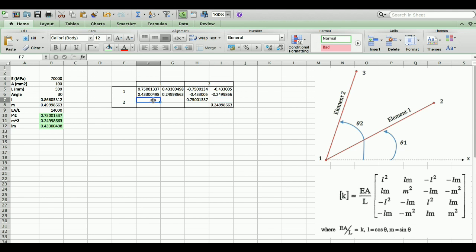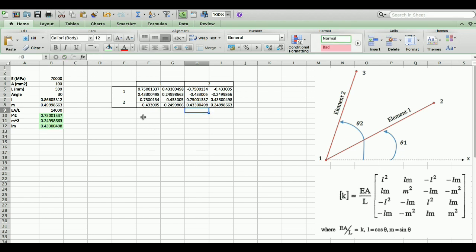We have minus L squared, minus Lm, and we have Lm. On our last row we have minus Lm, minus M squared and finally Lm.